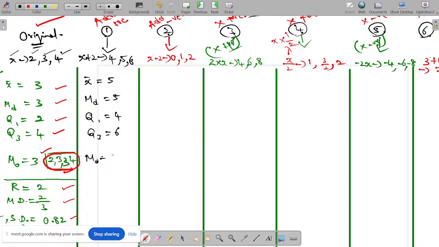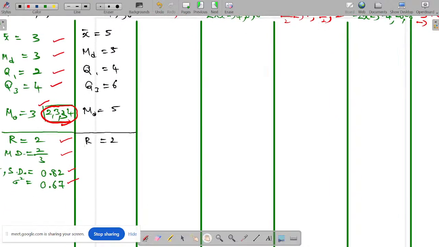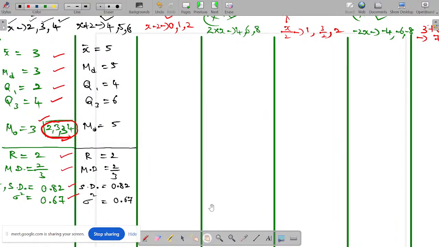So it's 5. Then here, range 2. Mean deviation 2 by 3. Standard deviation, we're getting 0.82. Variance square 0.60. Any doubts still here? How did you work it out? Directly apply the formula, right?